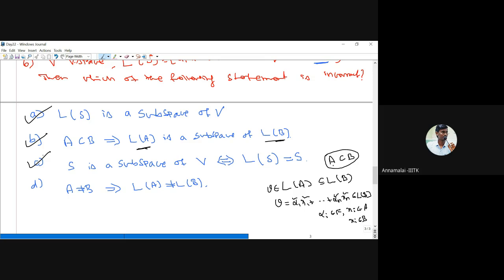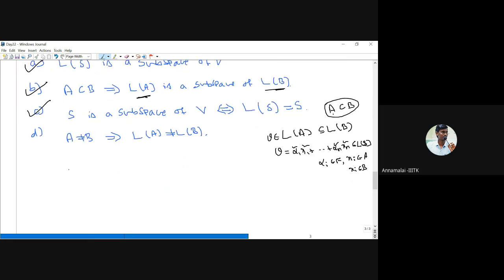Now look at the last option. Suppose you have two different sets, that is A not equal to B. Need L of A not be equal to L of B? Sometimes L of A equals L of B. Why? For example, in the real case, suppose I am taking R2.